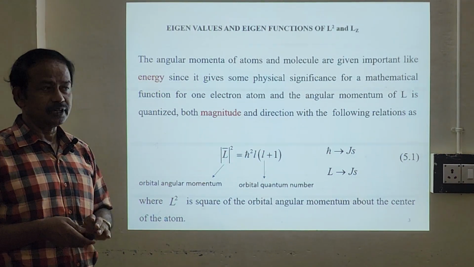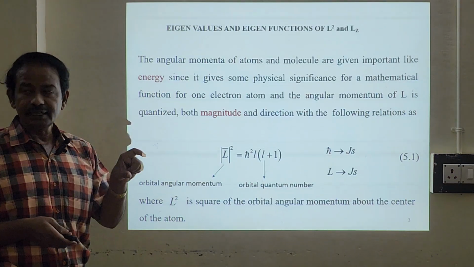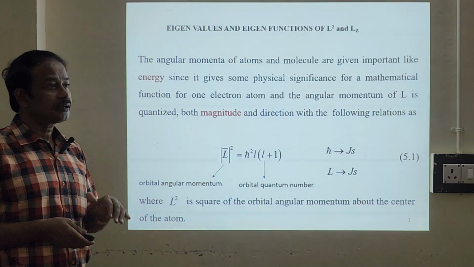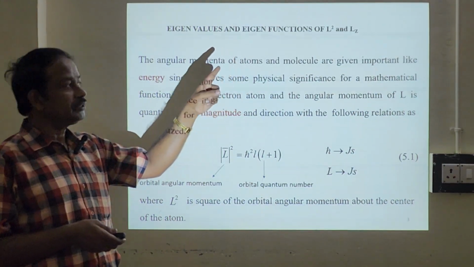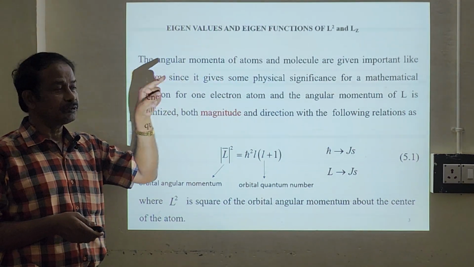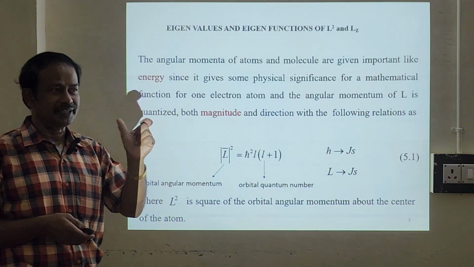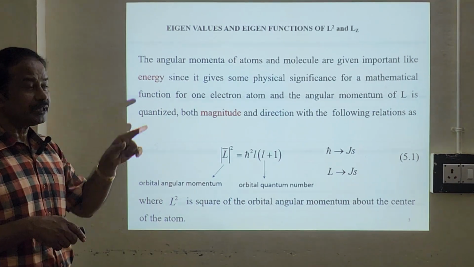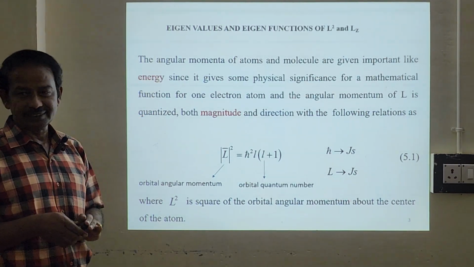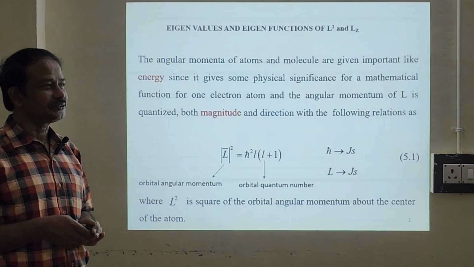Capital L stands for orbital angular momentum. Lz stands for the component of angular momentum. We are giving more importance to L squared and Lz. Both are given importance, and we will see later why it is so.